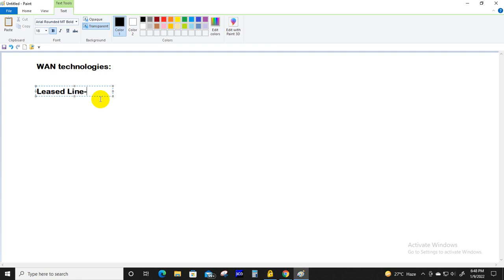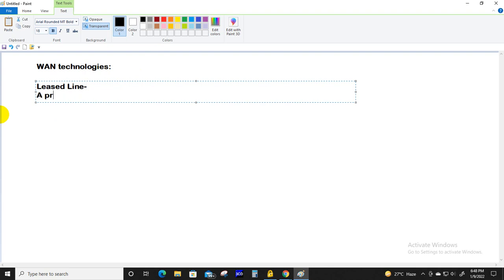Leased line means, we can say, a private or a dedicated connection that is used to connect sites together. That is leased line.